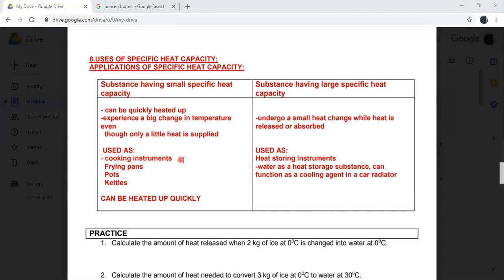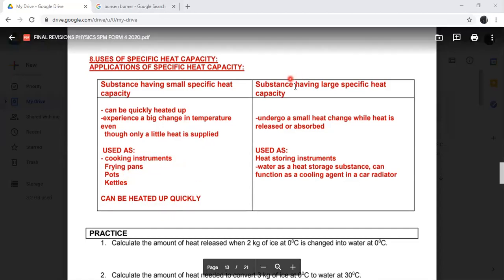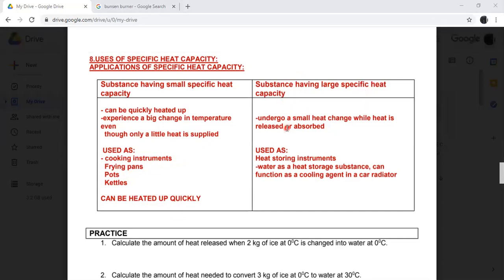They are mainly used as cooking instruments: frying pans, pots, kettles. Substances having large specific heat capacity undergo small temperature change while heat is released or absorbed. They are normally heat storing instruments. They also can be insulators, water being one of them, and also cooling agents.